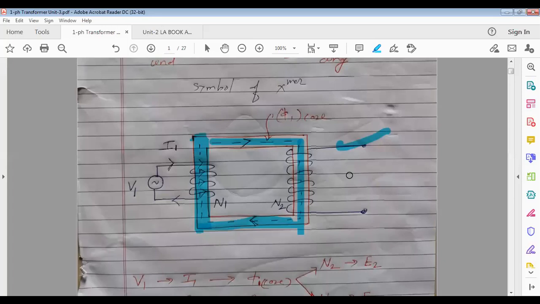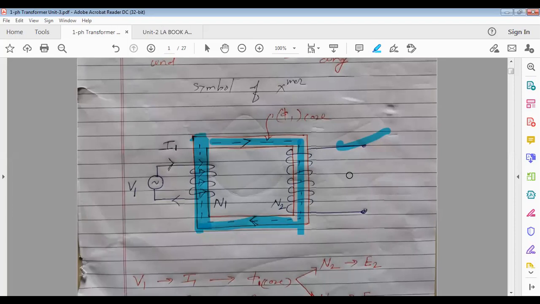To reduce eddy current loss, laminated core construction is used. If you are using a solid core, you will find eddy current loss is more. So to minimize eddy current loss, laminated core construction is used. Laminated core construction means what?